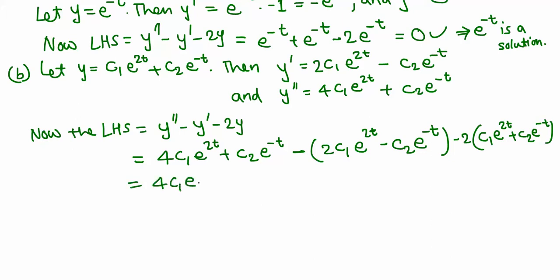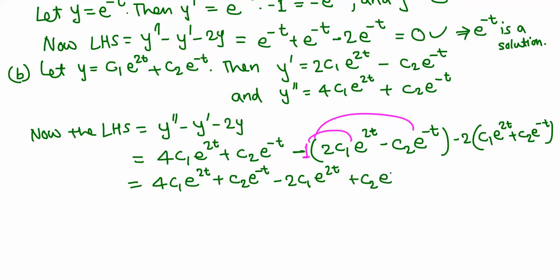Let's copy this, e raised to 2t plus c2 e raised to negative t. This is negative 1, and we need to distribute. So negative 2c1 e raised to 2t, negative negative is positive c2 e raised to negative t. Again we need to distribute negative 2, and we get negative 2c1 e raised to 2t, negative positive is negative 2c2 e raised to negative t. Now we can combine like terms.